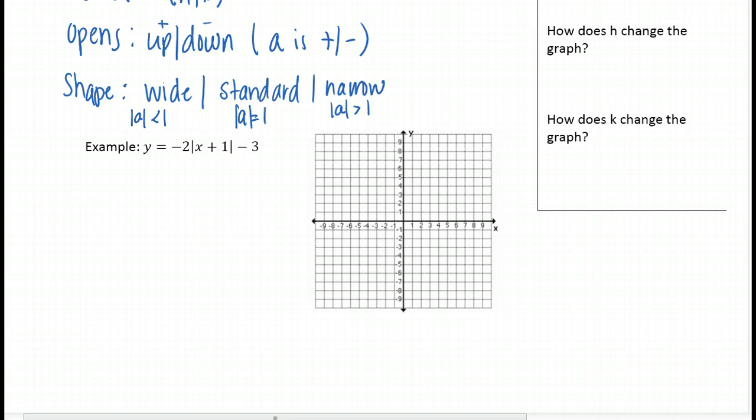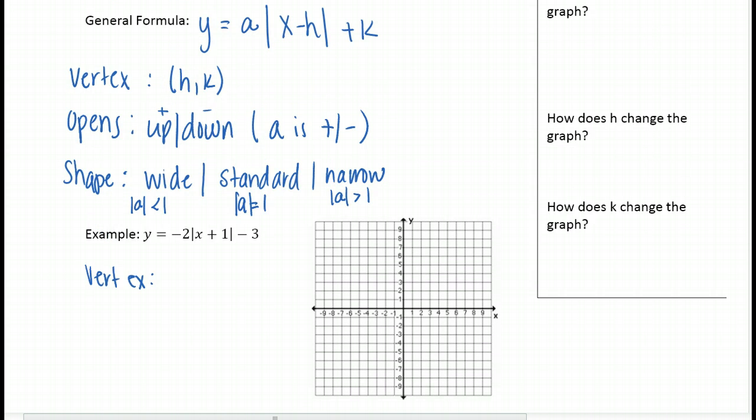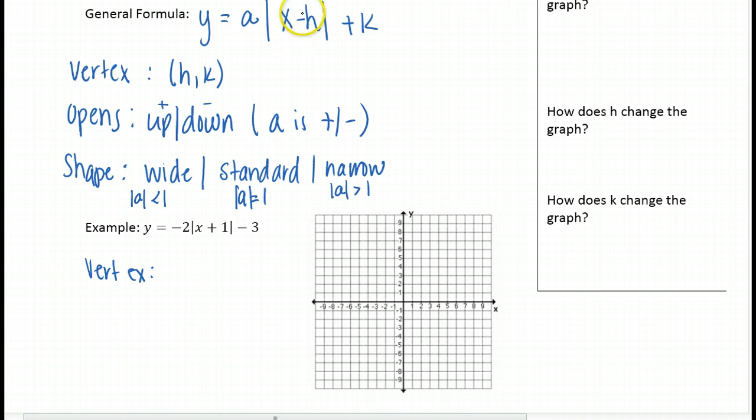So we've got y equals negative 2 times the absolute value of x plus 1 minus 3. So the first thing I want to figure out is my vertex. Well, remember it's h comma k. And here in our general formula, it is x minus h. So if we had x minus a negative 1, we would see that h is negative 1 and k is negative 3.